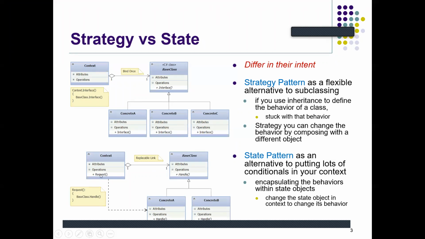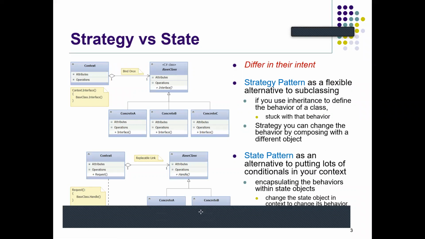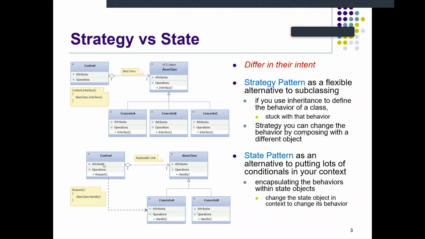So we're going to go down here in the bottom one. We have context, and we have a method called handle, and the handle is going to swap the state, right? So let me show you how that works.